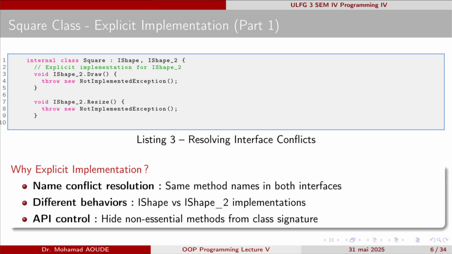Notice the IShape2 prefix before the method name. Why use this? Name conflict resolution. We have Draw in both IShape and IShape2. Explicit implementation allows Square to provide distinct implementations for each, with different behaviors. As you can see, the Draw and Resize for IShape2 are intentionally not fully implemented and will throw an exception. This is different from how we'll handle IShape's methods.